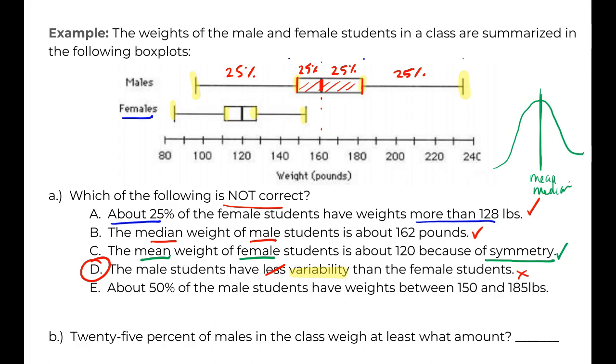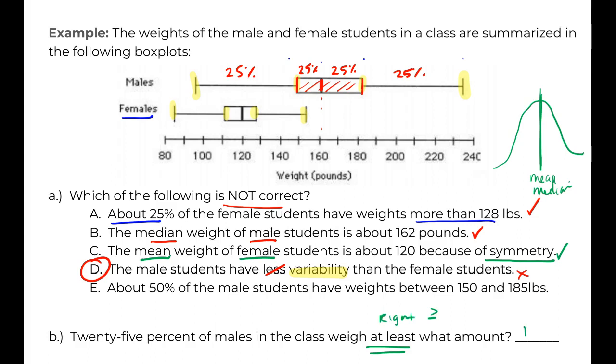All right, and then part B, 25% of the males in the class weigh at least what amount? This is a question a lot of students make mistakes on. The most common mistake is to tell me the answer here is 150. The issue is that it says at least. At least is the right-hand side. It is a greater than or equal to.